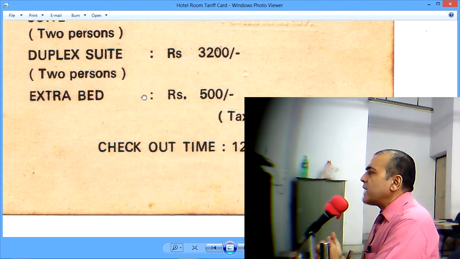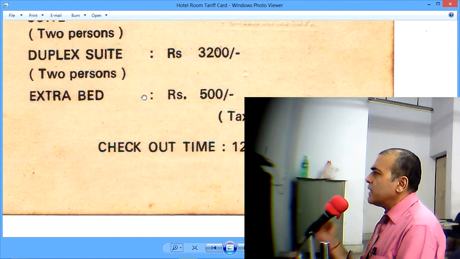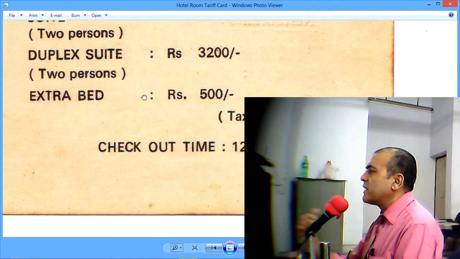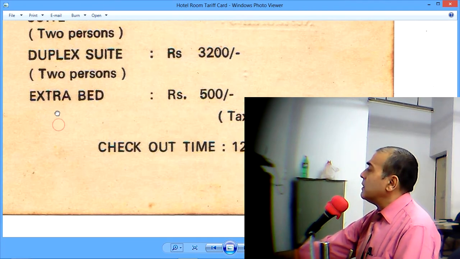So these taxes can be changed at a very short notice, and nobody can protest it because that is the prerogative of the government to charge any tax in the best interest of the country, of the nation, as and when they want. So in time of crisis, they can always charge extra taxes, and nobody can refuse and nobody can protest.